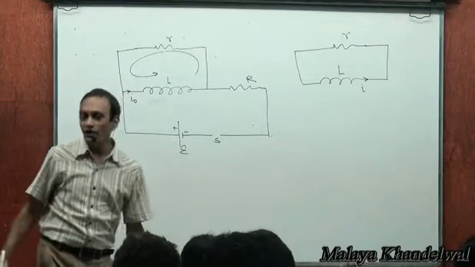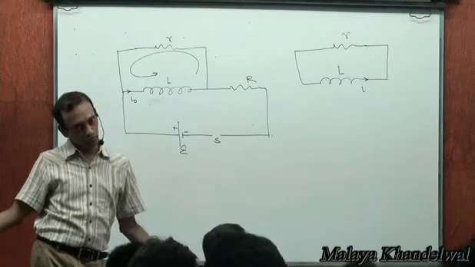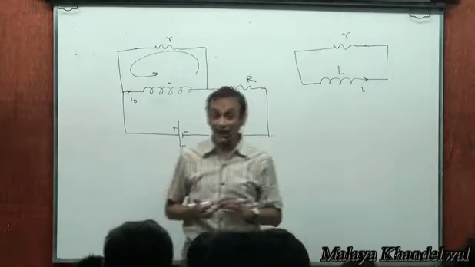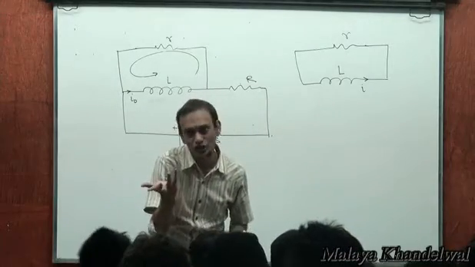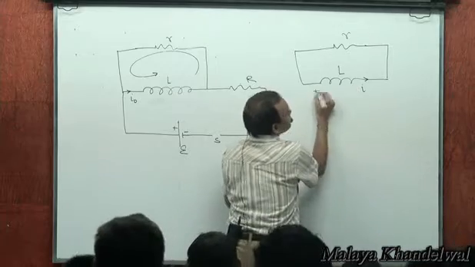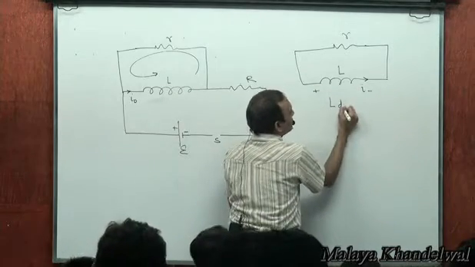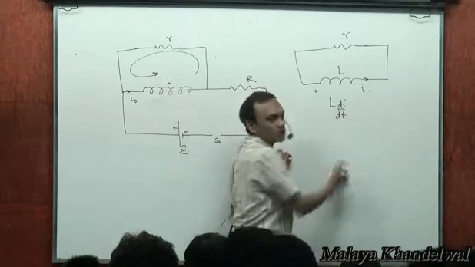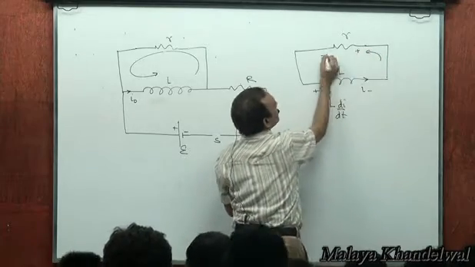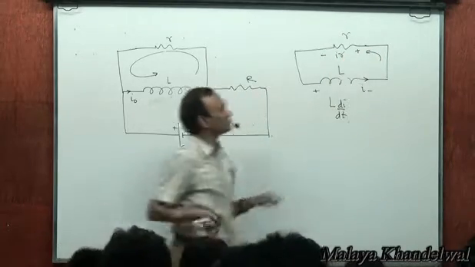I is I naught and we want it to decay to 0, right? I is decreasing with time, so there is a dI/dt associated with the circuit. So the drop across the inductor element will be L dI/dt. That's a drop across the inductor element, and then the current circulates like this. The drop across the resistance would be IR.